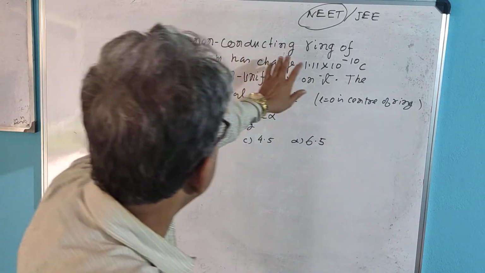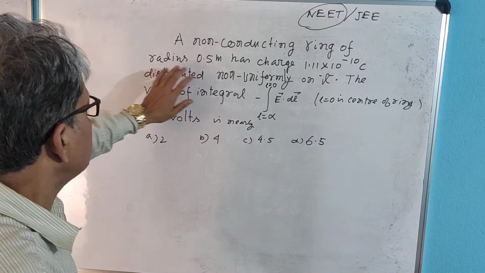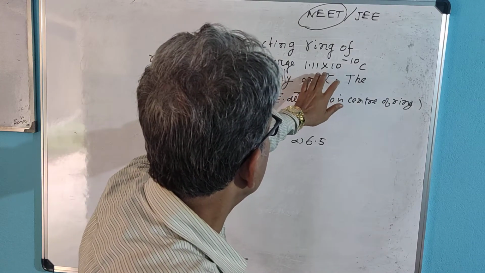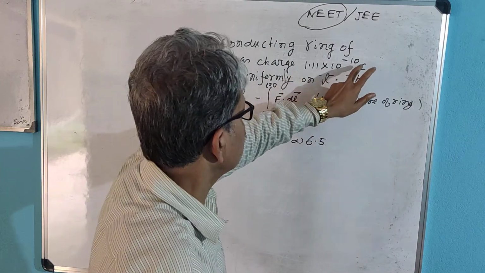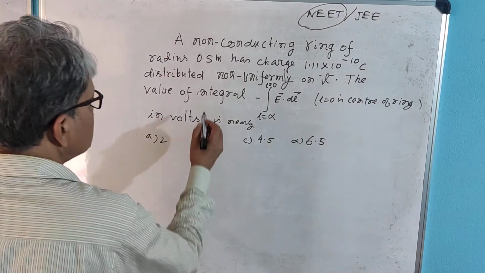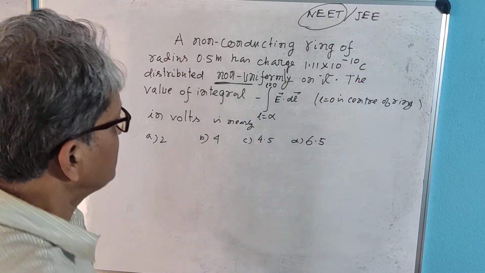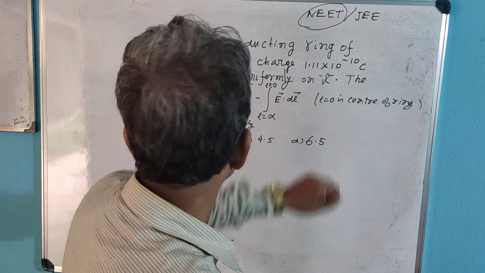A non-conducting ring of radius 0.5 meter has charge 1.11 into 10 to the power minus 10 coulomb distributed non-uniformly on it.